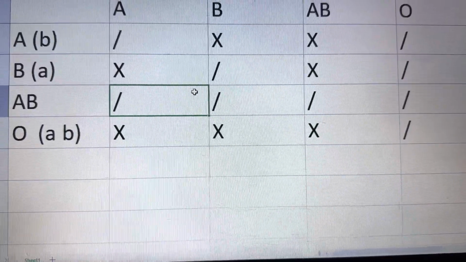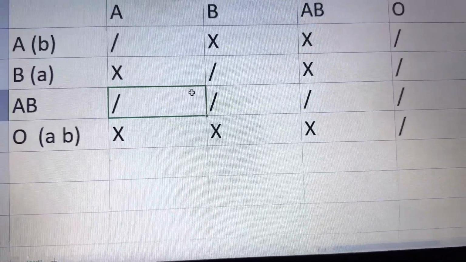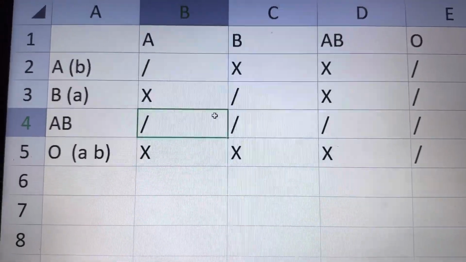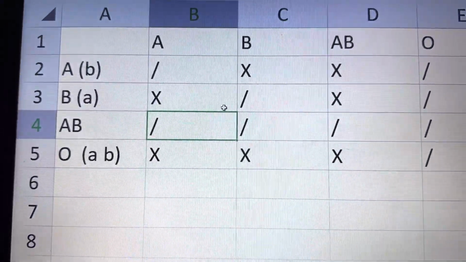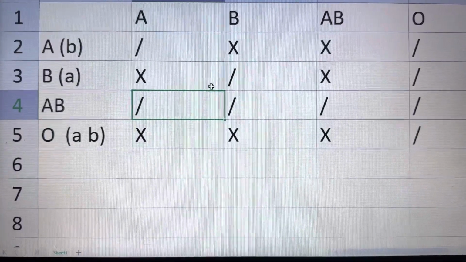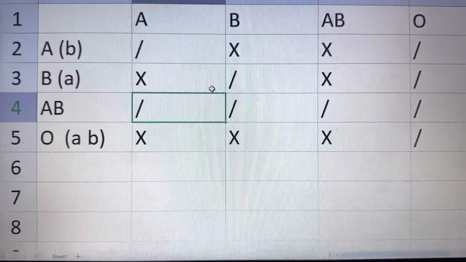So let's come to a recipient with blood group O and a donor with blood group A. Here we find there will be no blood transfusion. Why will there not be a transfusion?